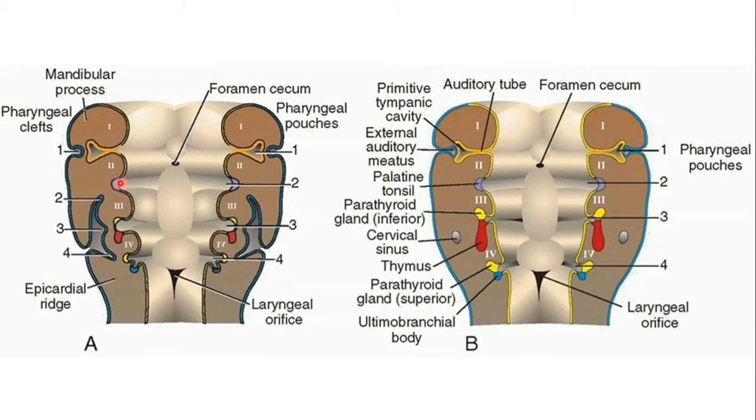It is very important. And thymus developed from the third pharyngeal pouch, not the arch, not by the cleft. So you should remember that the tonsils developed by the second pharyngeal pouch and the thymus developed by the third pharyngeal pouch.